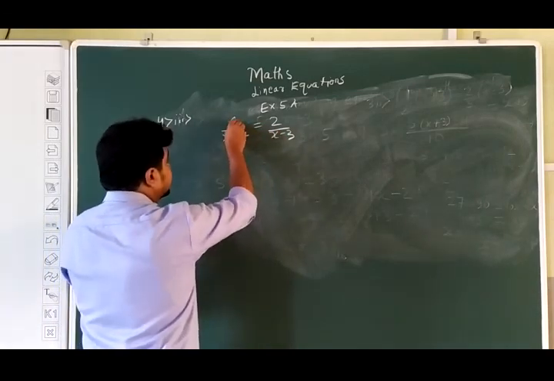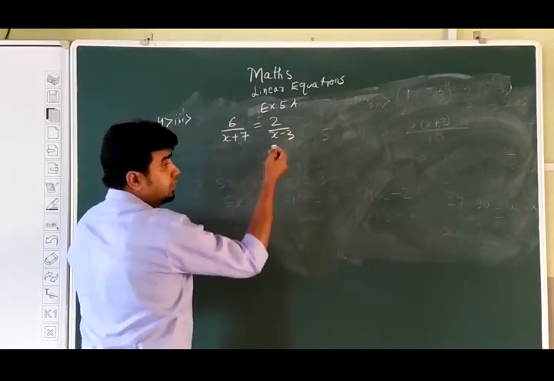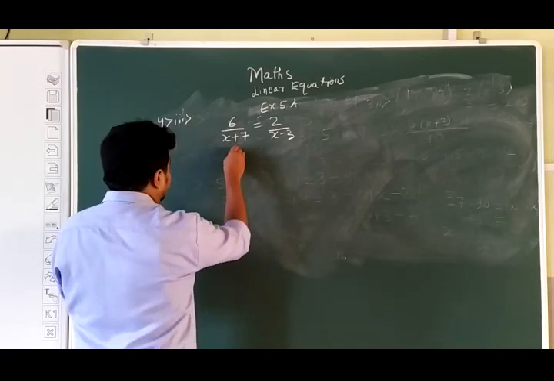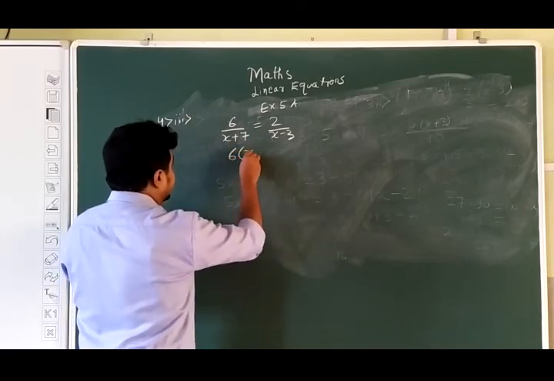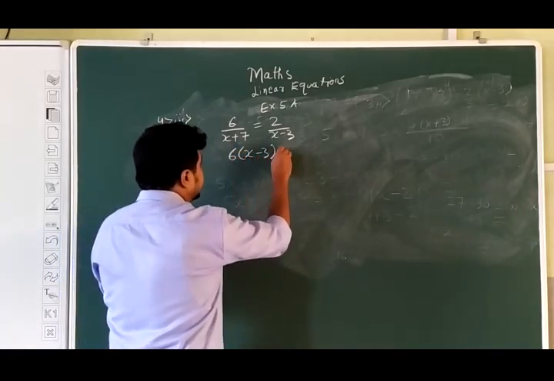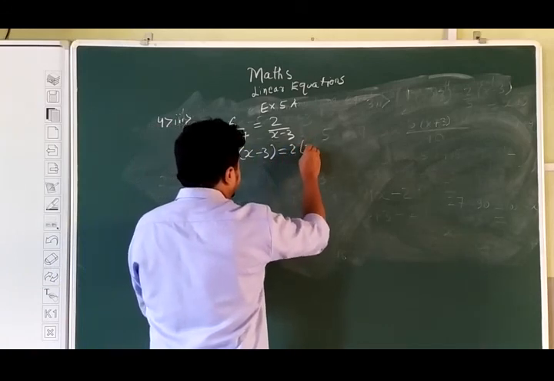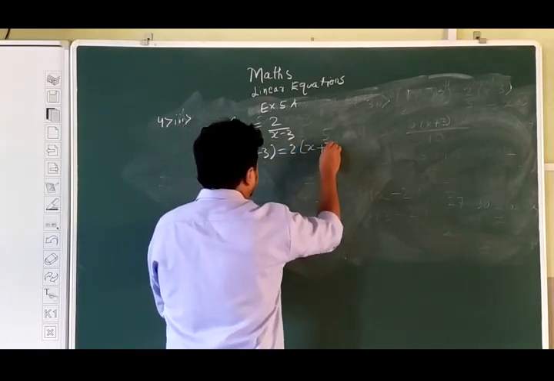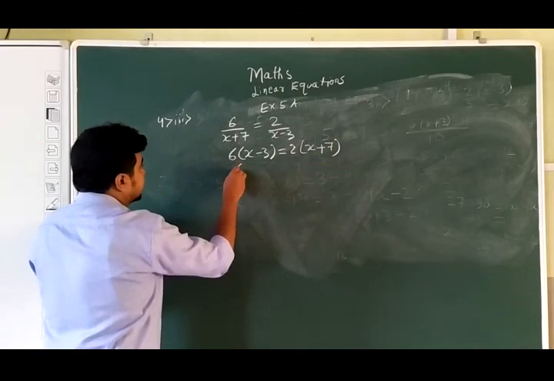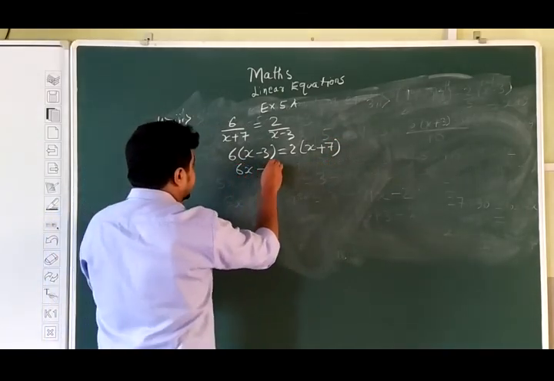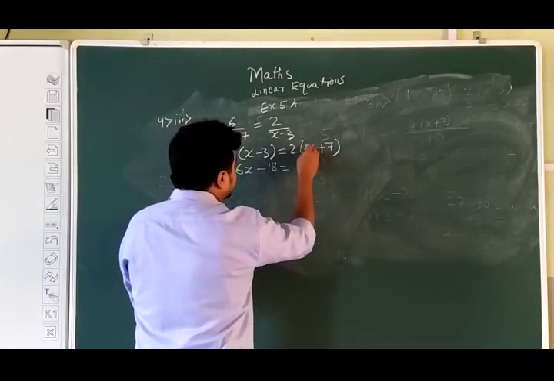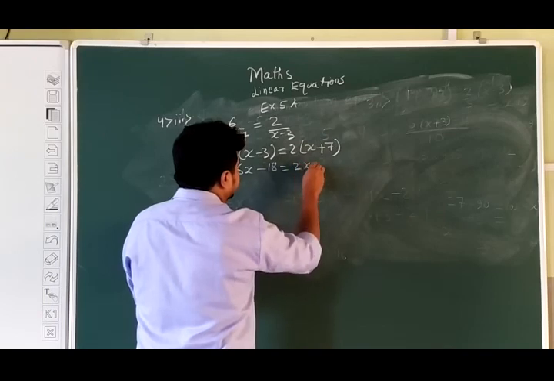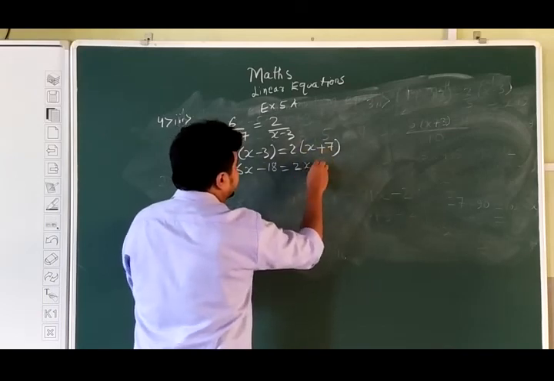As here there is a variable and constant term, we can cross multiply. 6 into x minus 3 will be equal to 2 into x plus 7. 6 into x is 6x minus 18 will be equal to 2 into x is 2x, 2 into 7 is 14.